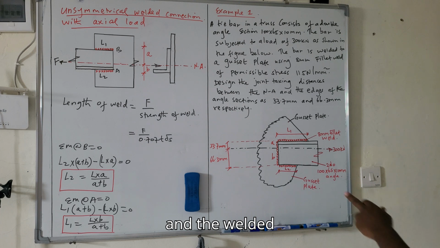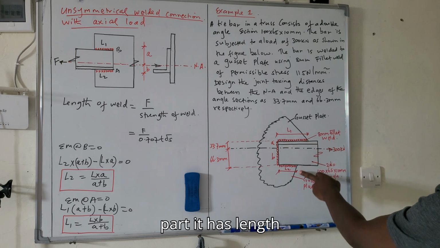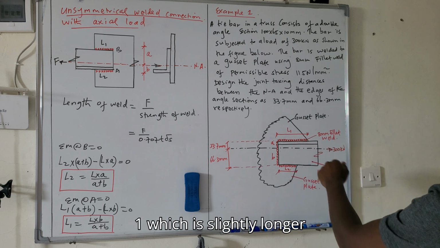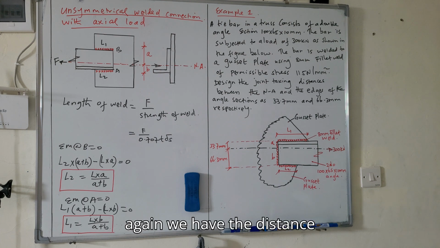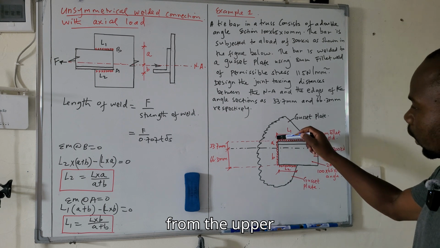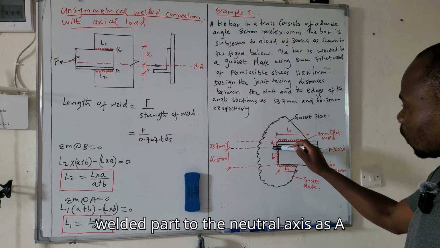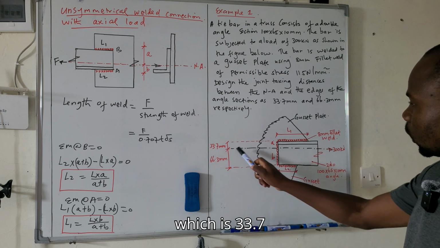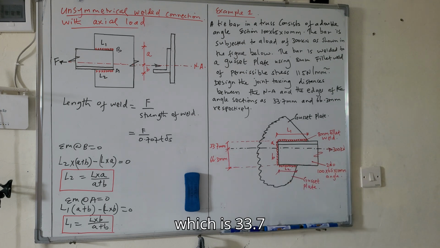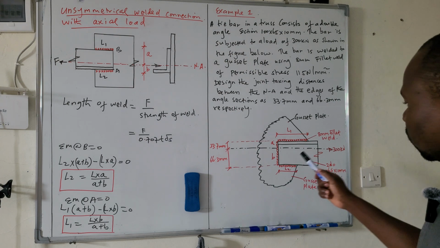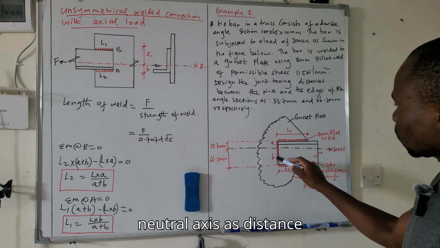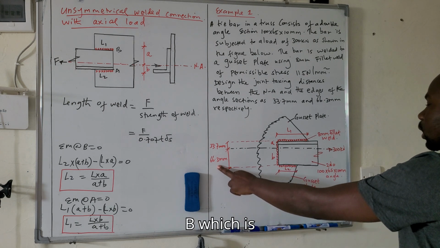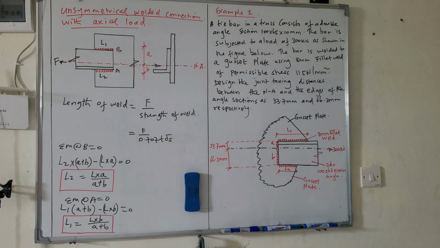and the welded part, it has length L1 which is slightly longer than L2. Again, we have the distance from the upper welded part to the neutral axis as A, which is 33.7 millimeter. Again, from the lower welded part to the neutral axis as distance B, which is 66.3 millimeter.